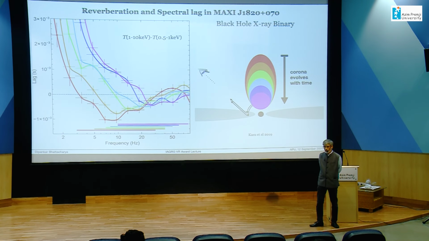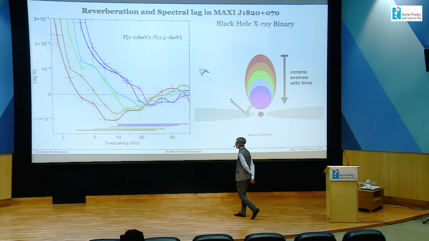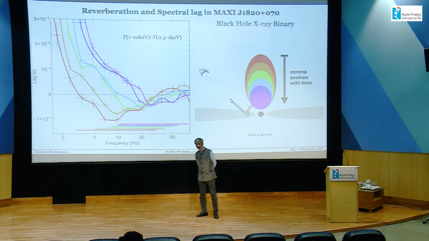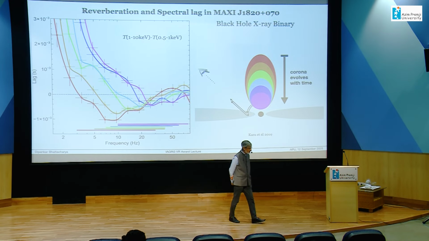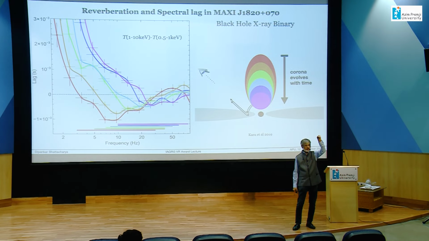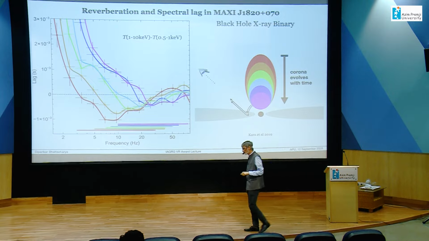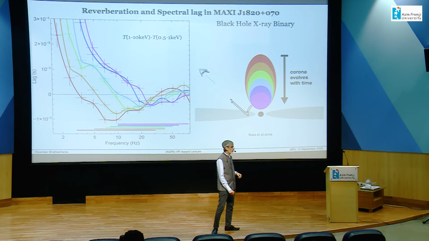Now I go on to another effect which we observe from accreting black hole binaries, and that is radiation being produced somewhere in the binary system, getting reflected off another part of the accreting system, and then coming to us.